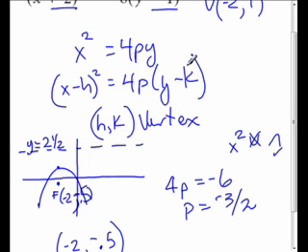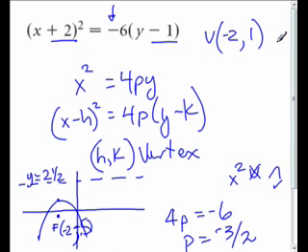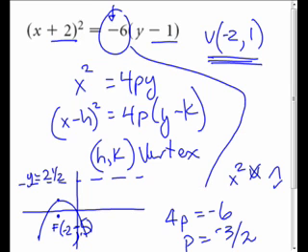So that's what we want to do with any parabola in this context: relate it to this equation. From this equation, determine a vertex, and also determine a p-value, like I did right down there. Once I have my vertex and my p-value, I can then graph my parabola.